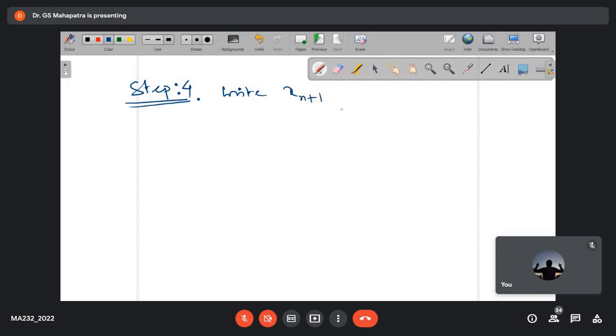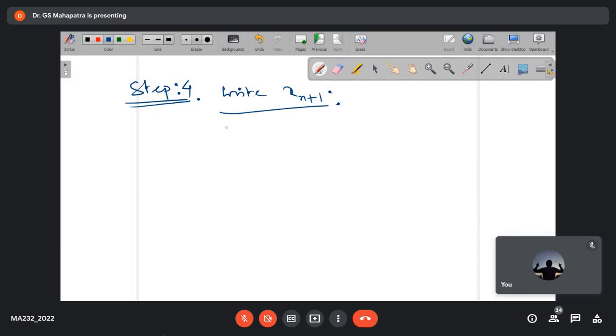For that, two schemes are there. If n equals 0, that means x0 plus 1, x1. What will be the x1 value? For that purpose, two schemes are there.